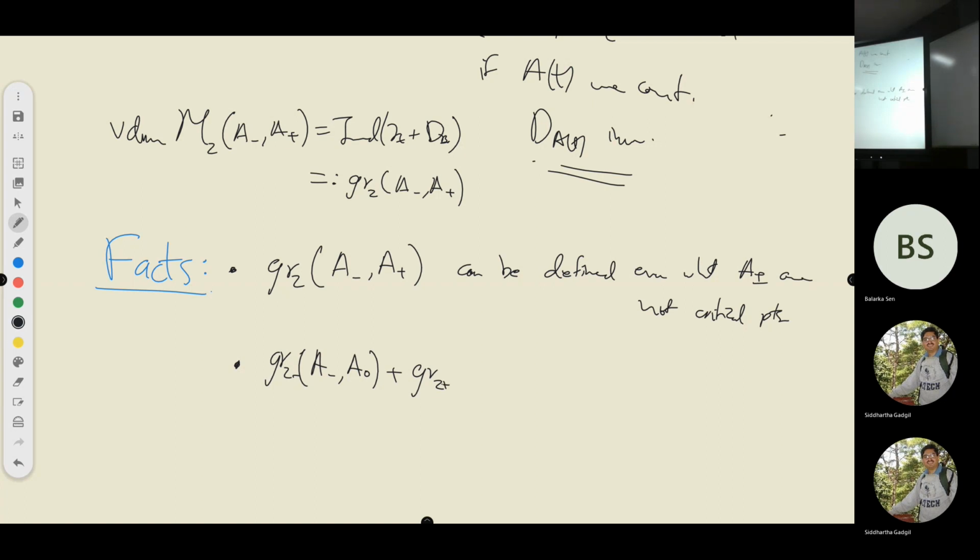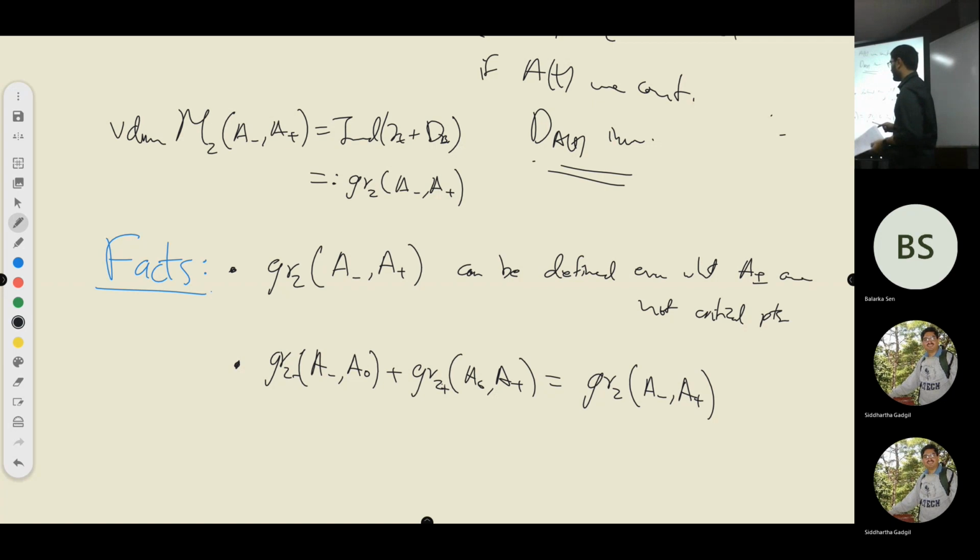If you had a path component z minus of paths from a minus to a naught, and similarly z plus from a naught to a plus, then the sum of their relative gradings adds up to the grading of z from a minus to a plus, where z is just the concatenation of z minus and z plus.